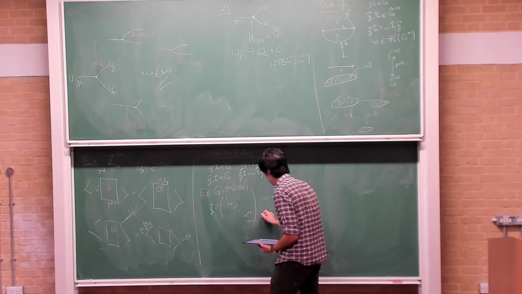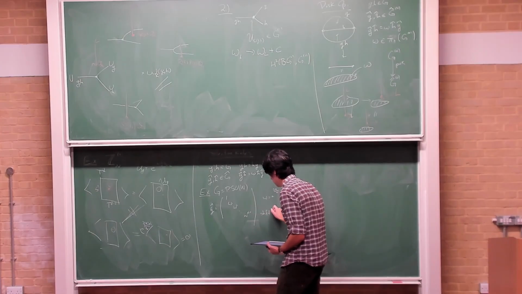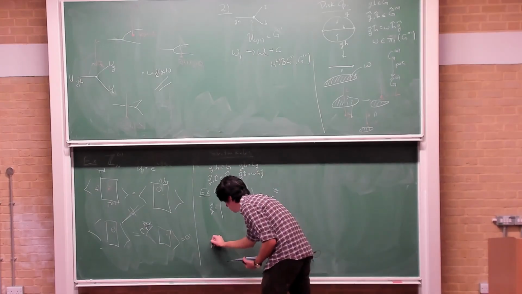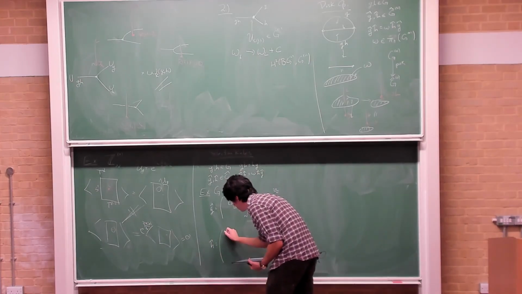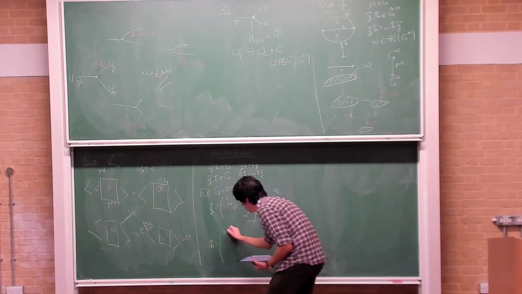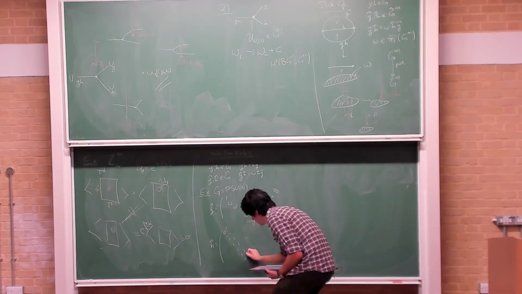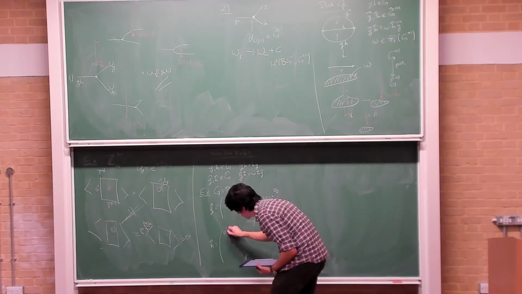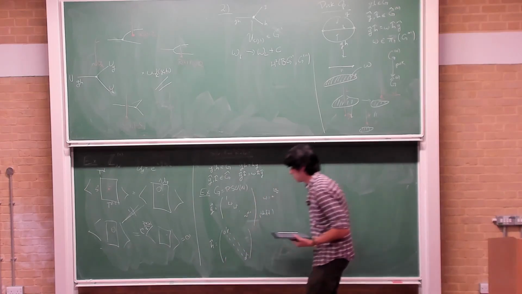This is called shift. And H hat is going to be clock, which is 0s on the diagonal, 1 on the super diagonal, and then there's a 1 in the bottom left-hand corner.